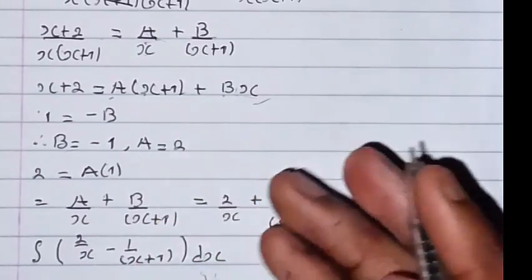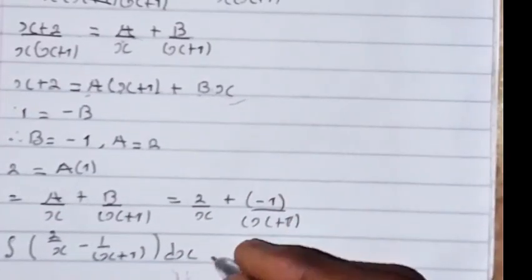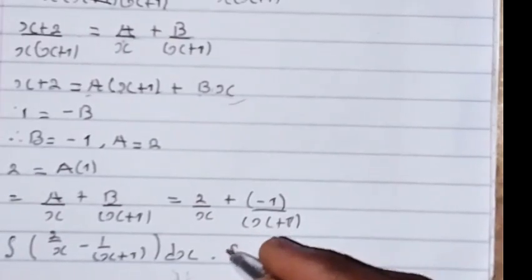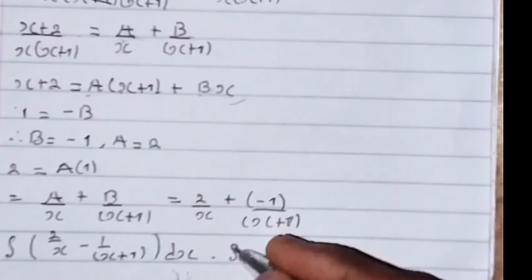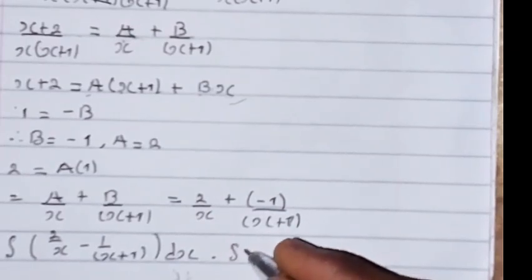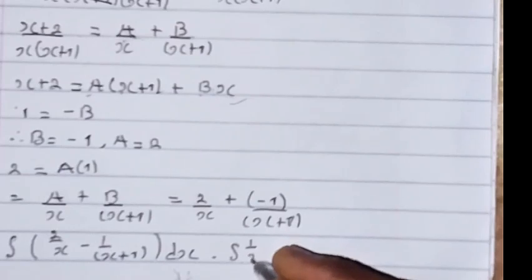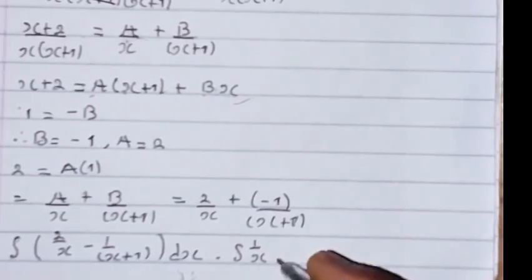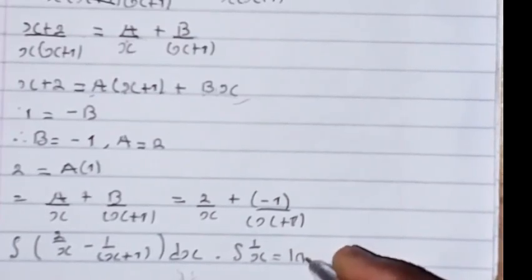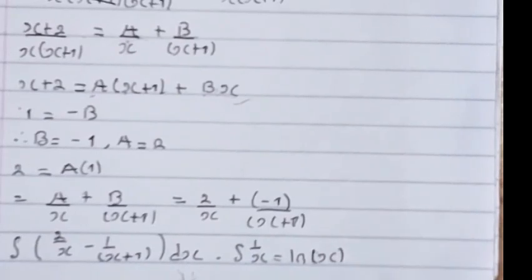Generally, the antiderivative of 1 over x, where x is any kind of function, is equal to the natural logarithm, which we represent as ln of x.